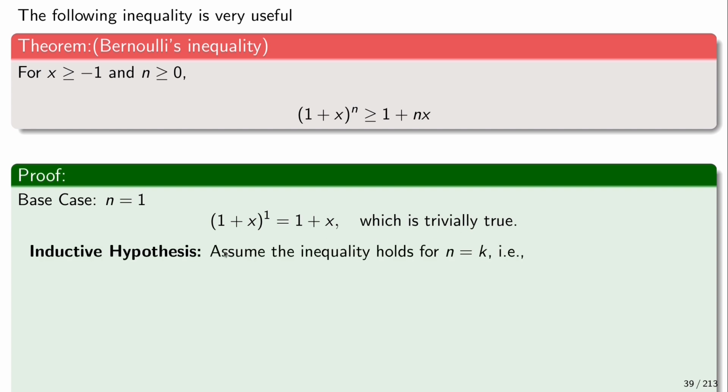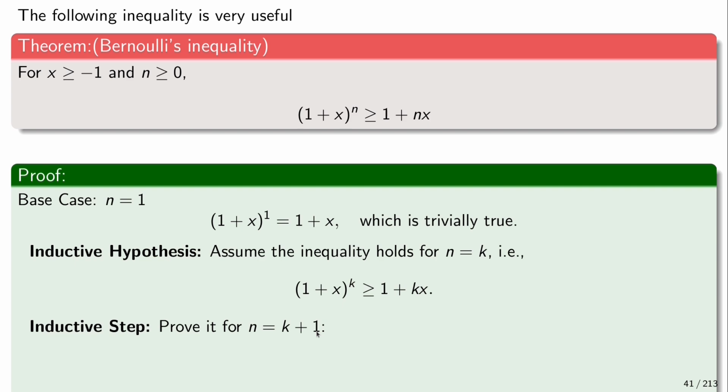For the inductive hypothesis, we assume that for some value of n, say k, this holds, and then we need to prove that it holds for its successor, k plus 1. So we're going to prove it for n equals k plus 1.